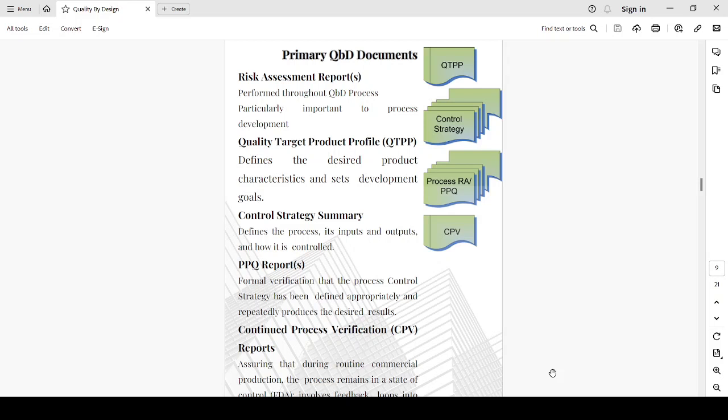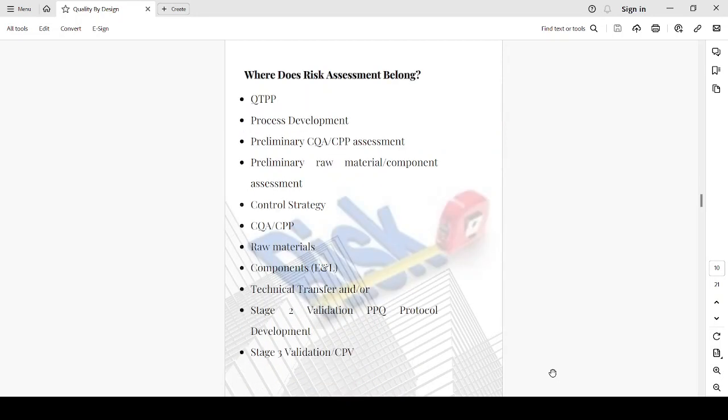Then PPQ reports are formal verification that the process control strategy has been defined appropriately and repeatedly produces the desired results. Continual process verification reports assure that during routine commercial production, the process remains in a state of control. It involves feedback also.